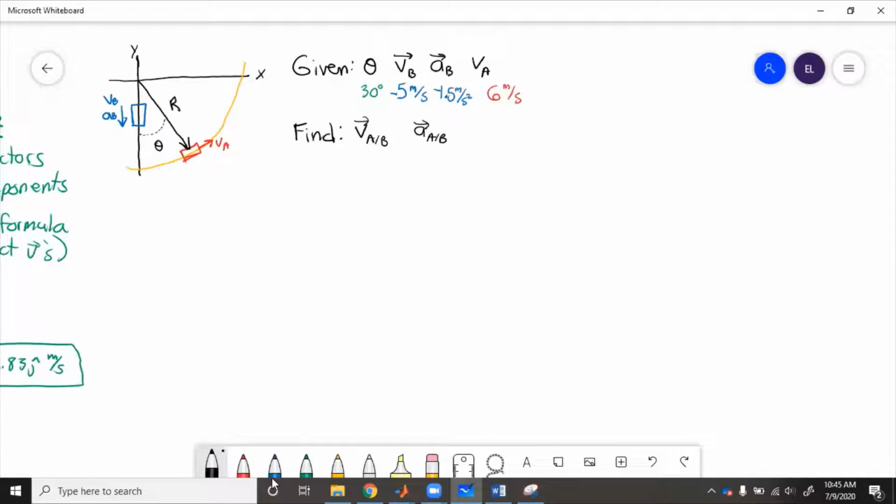So what are we going to do about this? Well, we have the vectors drawn, so procedure. Step 1, we need to break velocities and accelerations into components.